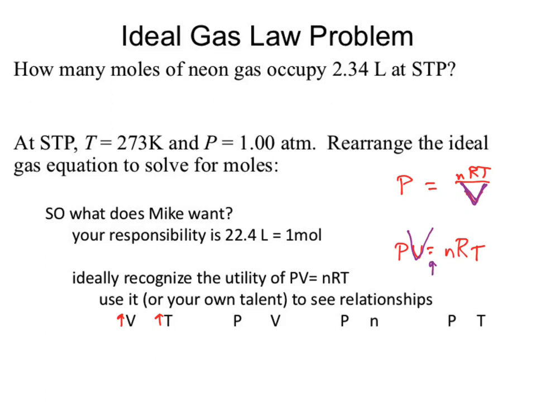So we can see those relationships out of PV=nRT. They're inversely related. So PV=nRT can allow you to establish those relationships, or you can just go based off of your own knowledge. Officially, you should be able to quantify them. The quantification is going to come from PV=nRT. Or, again, just recognizing those kinds of relationships.